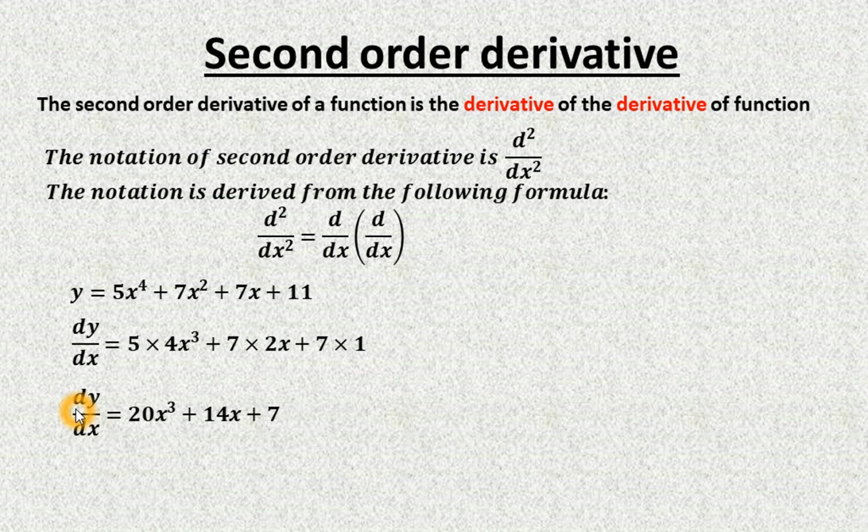So we write d square y by dx square, the second order derivative of y with respect to x.